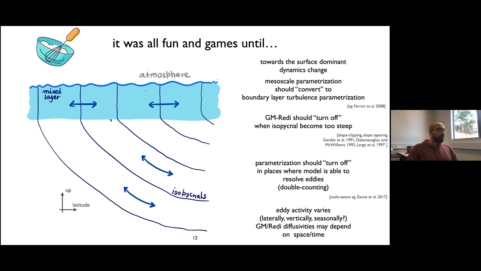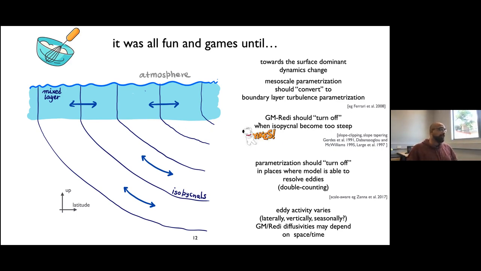So somehow this parameterization, as we approach the top, has to change to a different type of parameterization. That's one problem. Another problem is that this isopycnal and isoneutral diffusion has to turn off when isopycnals become too steep.